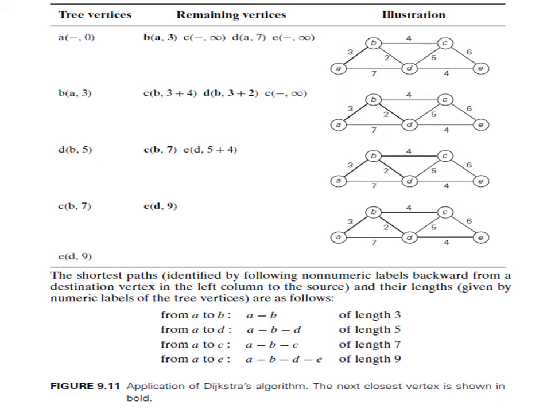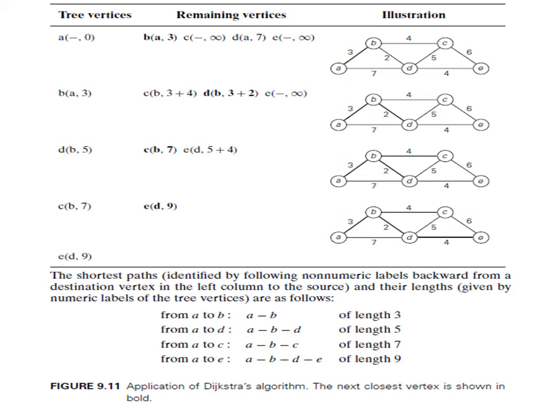And then next smallest distance path will be added to the tree. So B to D, which is equal to 2, so 3 plus 2, which is equal to 5, that is selected here. Since we need that distance, that is specified here, that is 5. Then A to C, it is 7, that is previous value itself we have written. So D is selected.